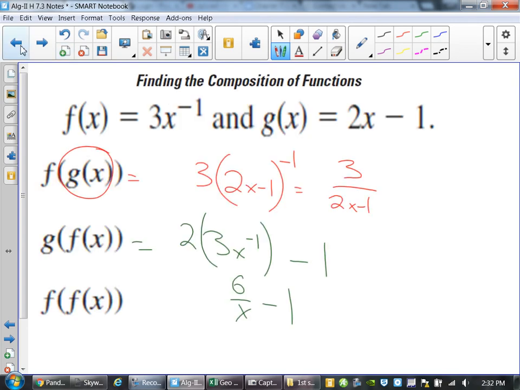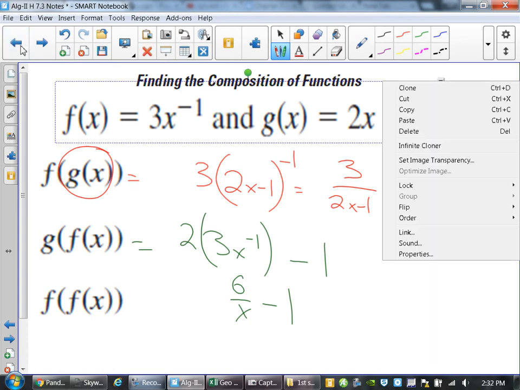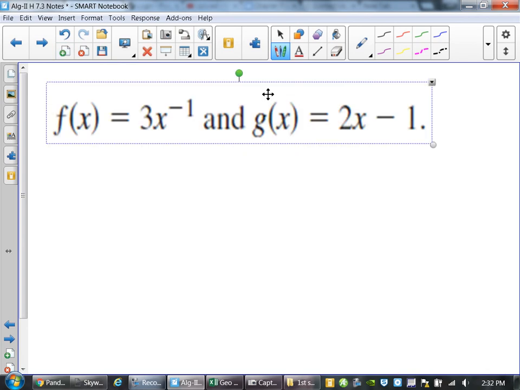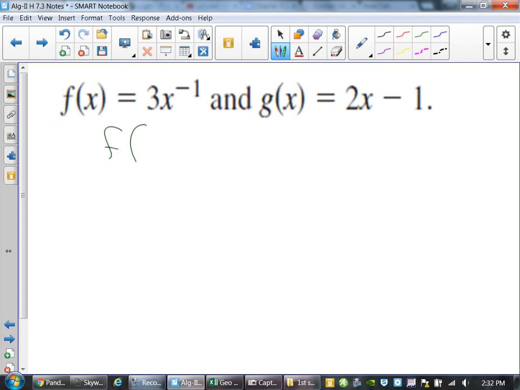Okay. Last part. F of x, which means start with the f of x equation. Let me bring this on the sheet here real quick. I have room. Start with the f of x.